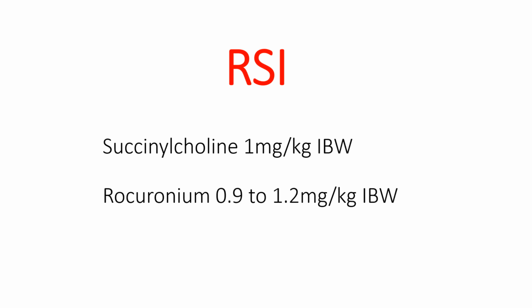Thirdly, the dose and the type of muscle relaxant used is potentially different to a normal anesthetic. And there are two main options here. We can either use succinylcholine or scoline at a dose of 1 milligram per kilogram of ideal body weight, or we can use high-dose rocuronium at a dose of 0.9 to 1.2 milligrams per kilogram ideal body weight.